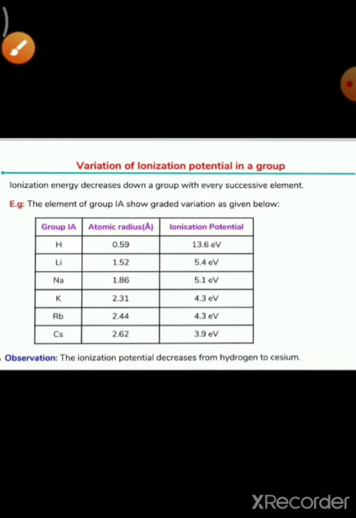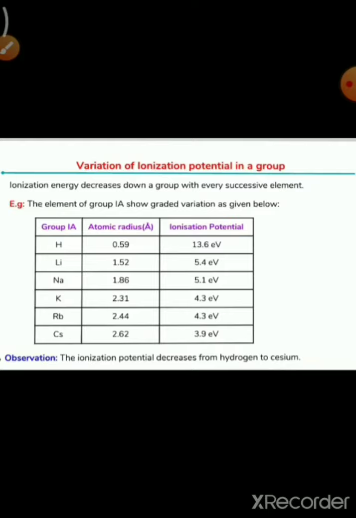So this much for today's class. And another thing, listen. If one electron is removed from an atom, that energy spent is called your first ionization potential. Then if another electron is removed, that energy is called your second ionization potential. Then if a third electron is removed, that energy applied is called your third ionization potential.